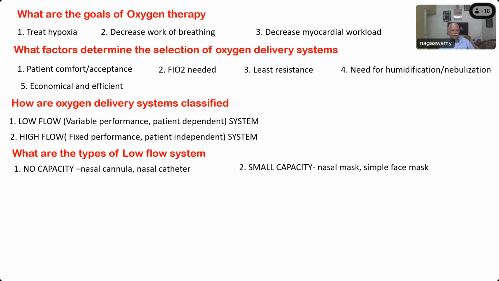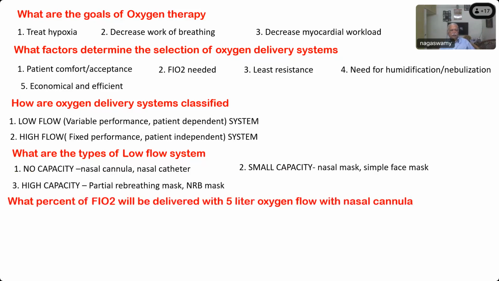Then small capacity, which is a nasal mask or a simple face mask. Then there is high capacity, which is a partial rebreathing mask or a non-rebreathing mask. So types of low flow system are classified into no capacity, small capacity, and high capacity. And examples are given there.